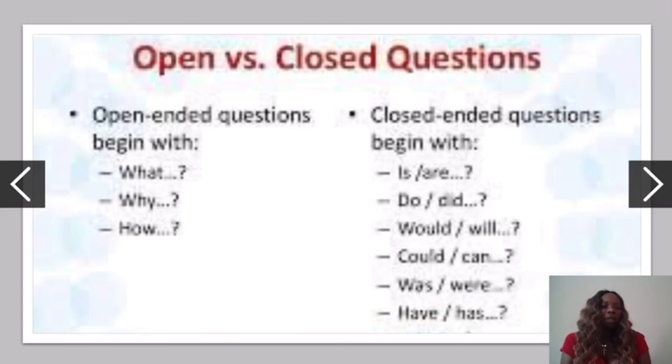Open-ended questions usually begin with what, why, or how. And with closed-ended questions, usually the person can answer with yes or no. They're going to begin with is, are, would, could, was, have. These are some of the words that would begin the sentence if you were asking a closed-ended question.